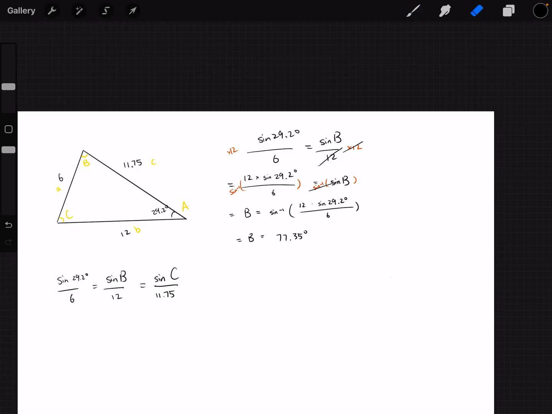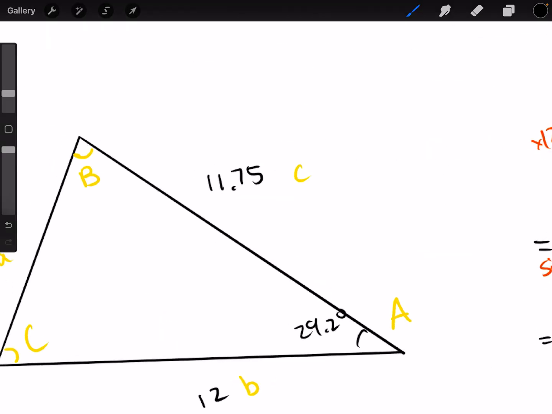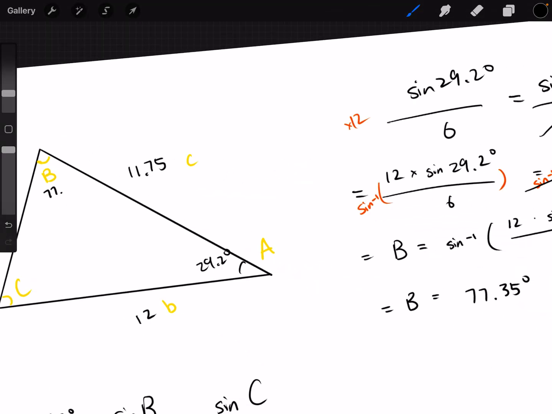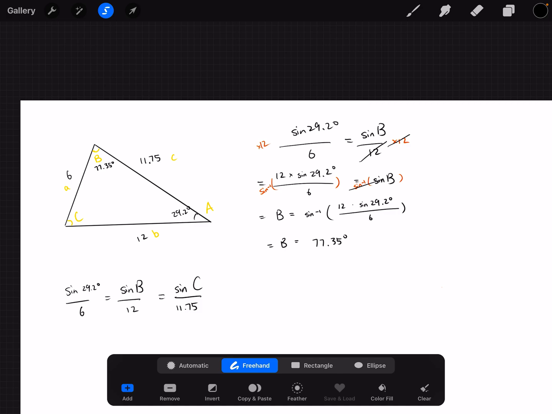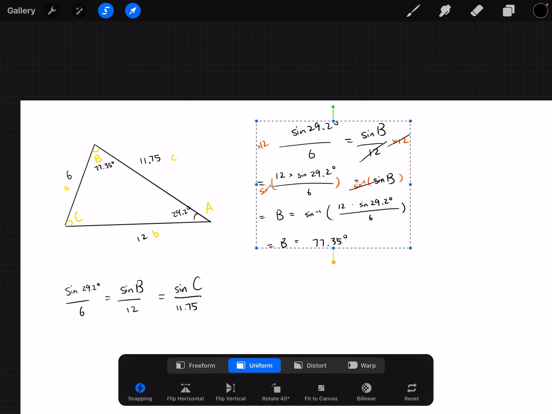Okay, let's put that over here, 77.35. There we go. Gonna move this aside.